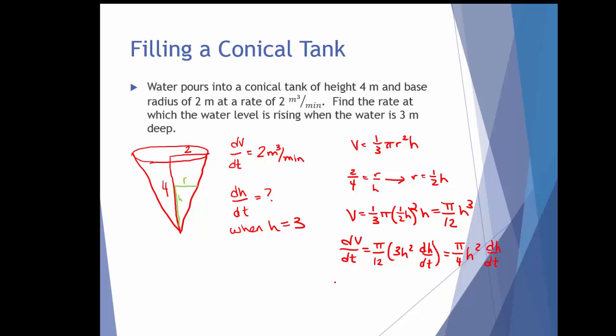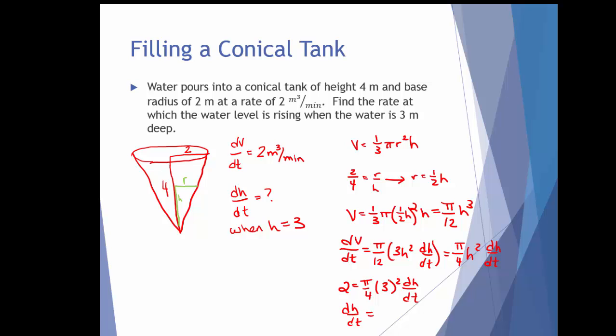Now I have something I can work with. We know that dV/dt is 2 meters cubed per minute, and that should be equal to pi over 4 times the height squared. Well, now that we have this for all time, at this specific time, the height is going to be 3. So we'll have times 3 squared times the dh/dt, which is actually what we're looking for. So we solve for dh/dt.